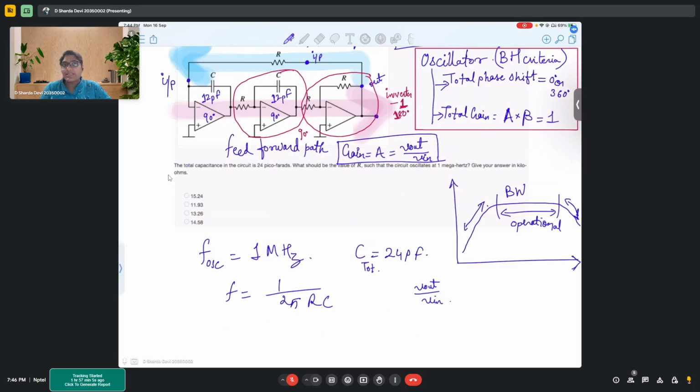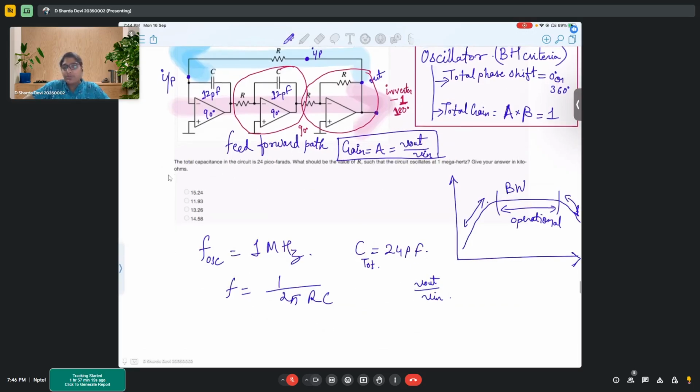But external capacitors and external components can be easily controlled and managed accordingly. So in the case of op-amps, especially when you are dealing with a black box op-amp like this, where you don't know the internal circuit, we are mostly talking about external components.